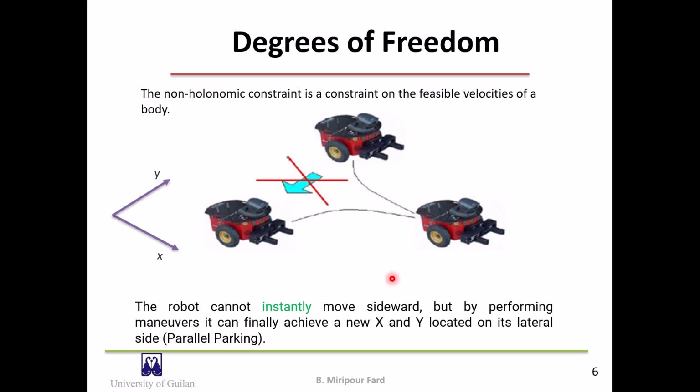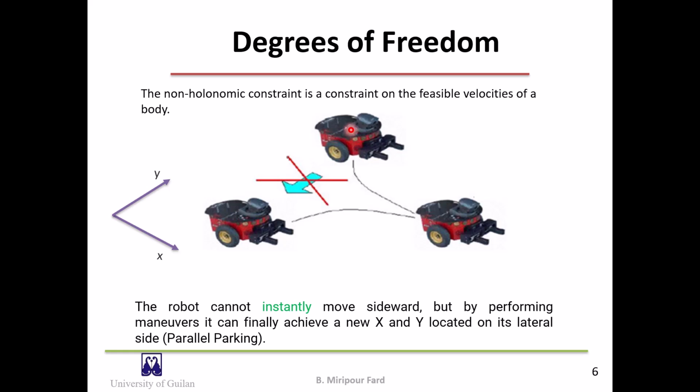As we have seen, the constraint caused by the wheel is a non-holonomic constraint on the feasible velocities of the wheel. So what does it mean? To answer this question, consider a robot that has two wheels enforce these constraints.